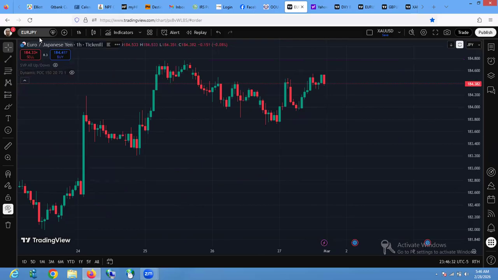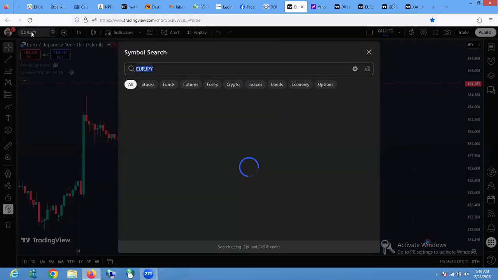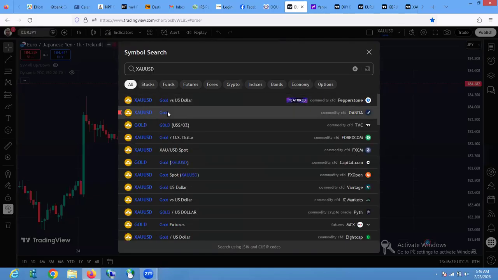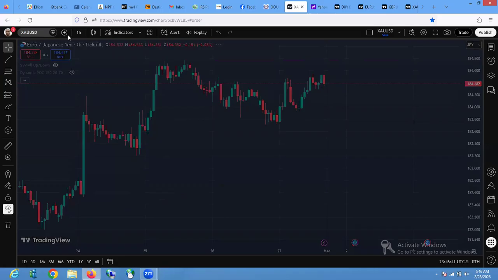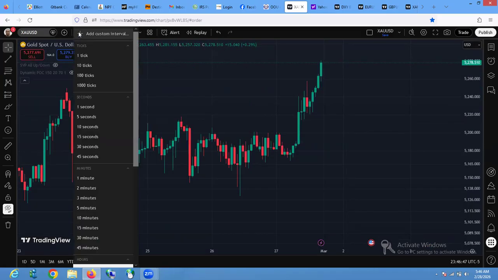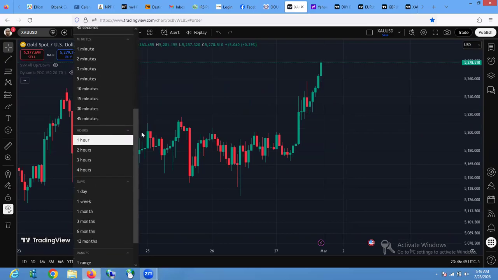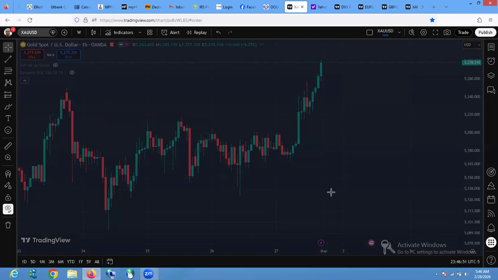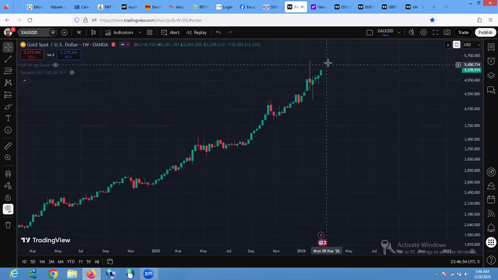It's a bit long because of the Eurojpy. On gold now, on the weekly time frame, we can still see that this is a bullish move.